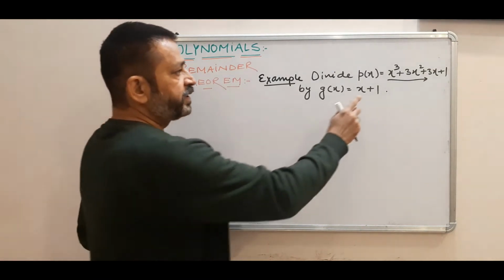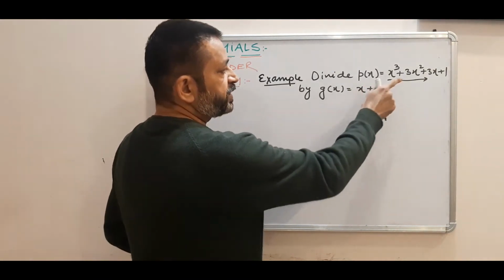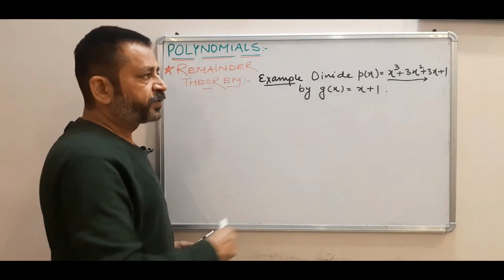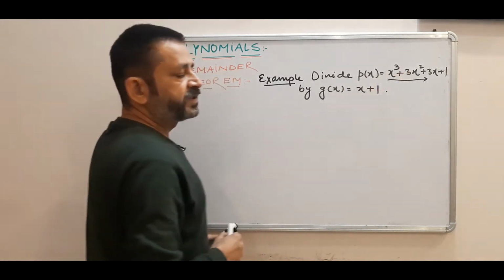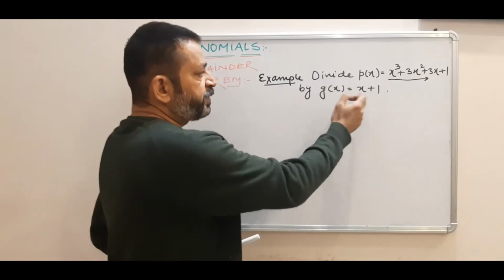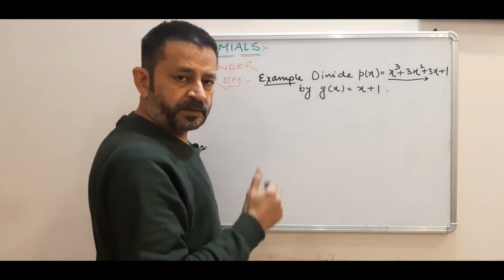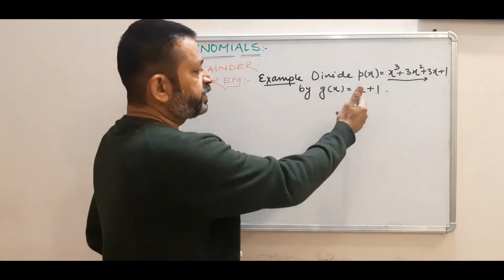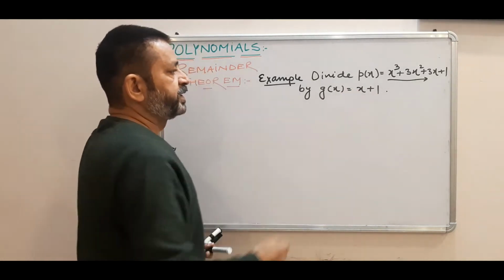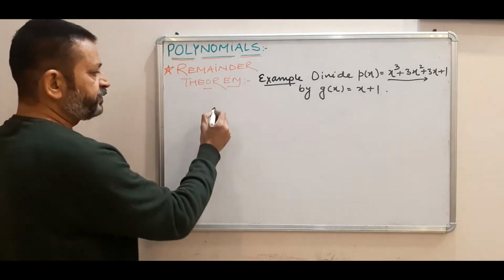Standard form means the degrees must be in descending order. So here it is already in standard form. g(x) must also be in descending order. So here it is. Now we'll start our division.